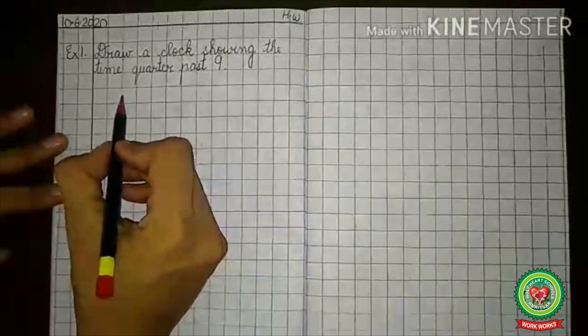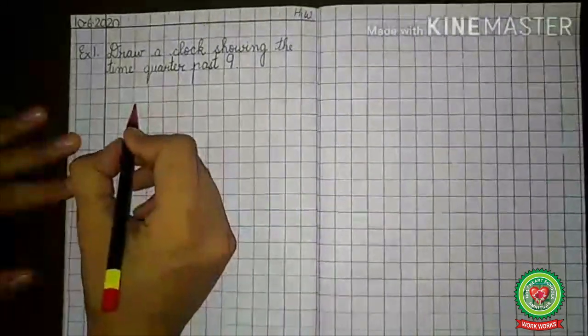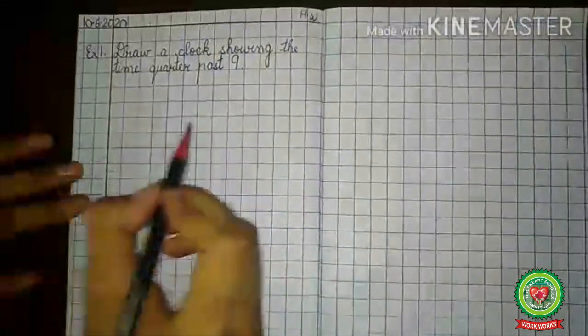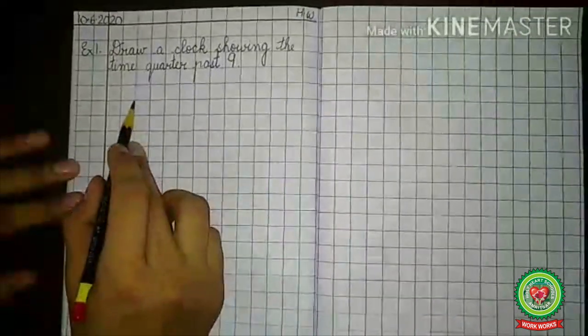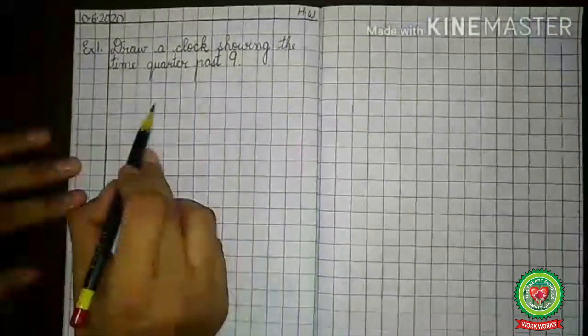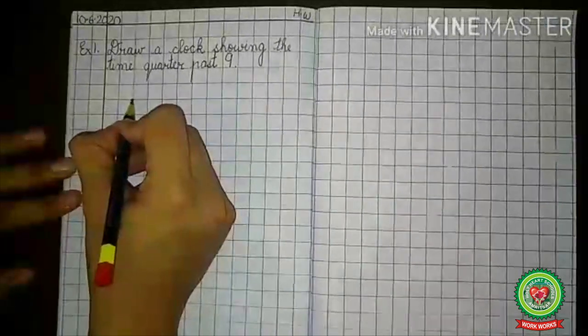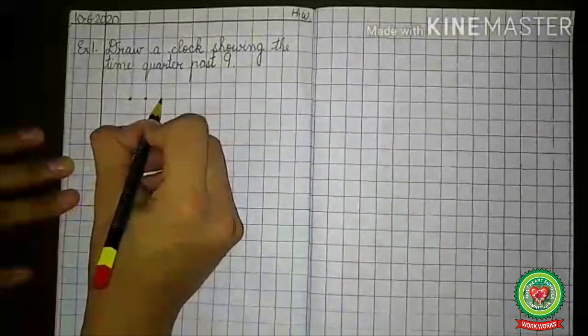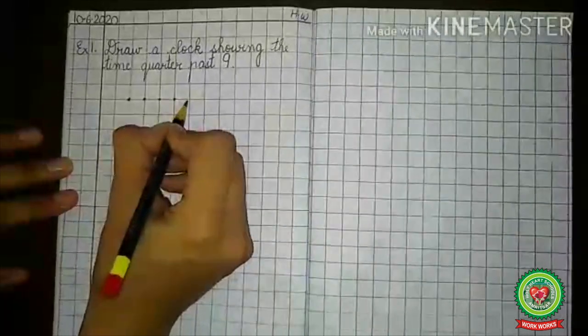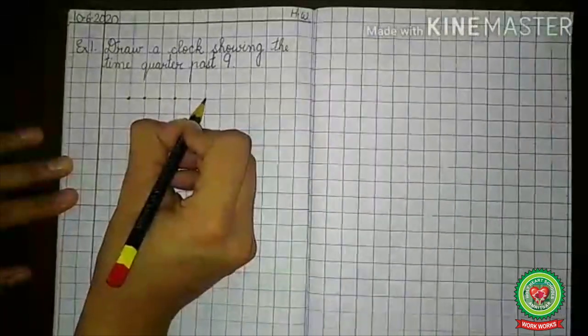Now, leave two lines and start drawing the dots with me. Children, you have to draw 6 dots. That will become 5 boxes. 1, 2, 3, 4, 5, 6.